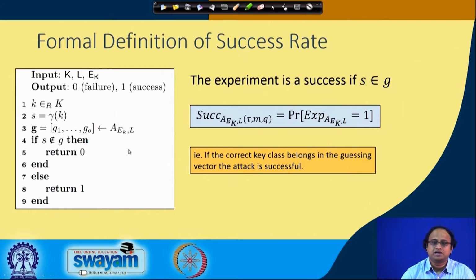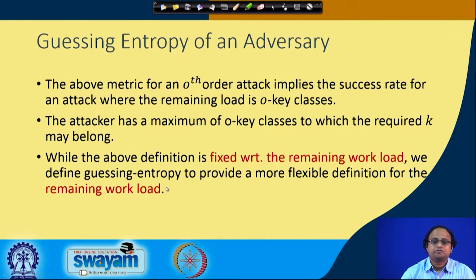And here exactly the definition of guessing entropy comes into play. This is another important definition, called the guessing entropy of an adversary. The above metric for an Oth order attack implies the success rate for an attack where the remaining load is O key classes, because the result is that the guessing vector belongs to O key classes, and the correct key can belong to any one of them.